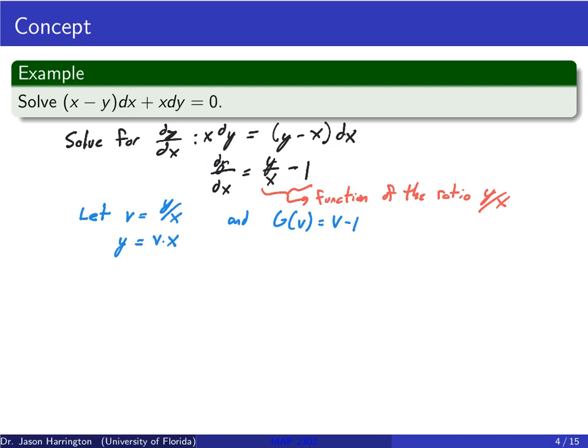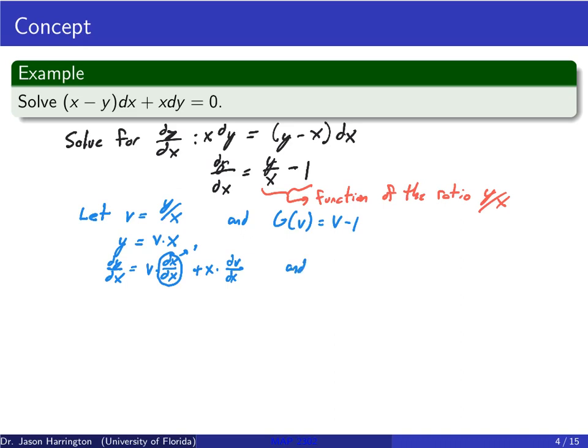And then if I use the product rule, then I get dy over dx is equal to the first times the derivative of the second, that's dx over dx, which is just 1, plus the second times the derivative of the first, which is dv over dx.